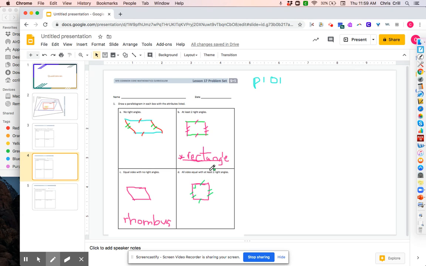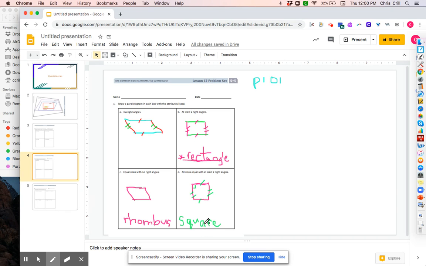So we have four right angles, and what makes this a square is that it's got four right angles and it has equal sides. So if we look and compare, a square and a rhombus are similar in that they both have equal sides, but what makes a square is it has its right angles.